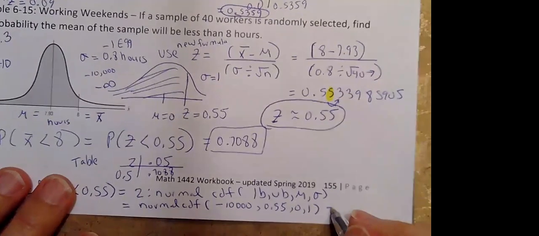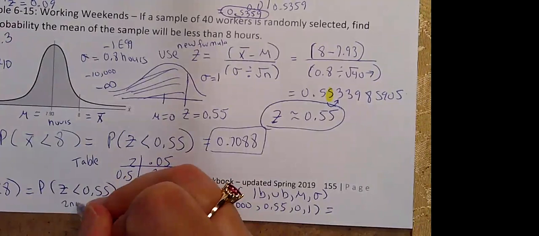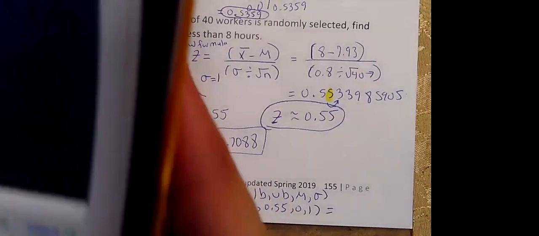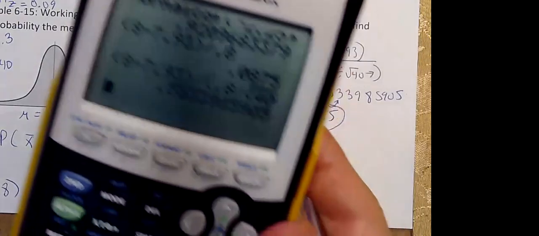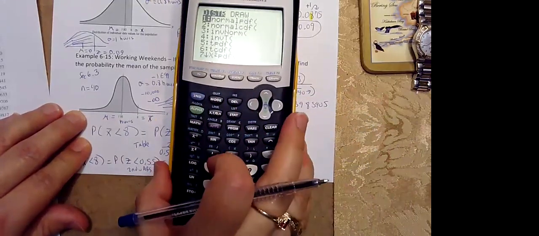On the calculator, you're doing 2nd vars, number 2.